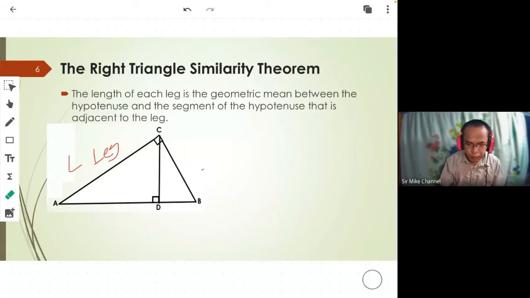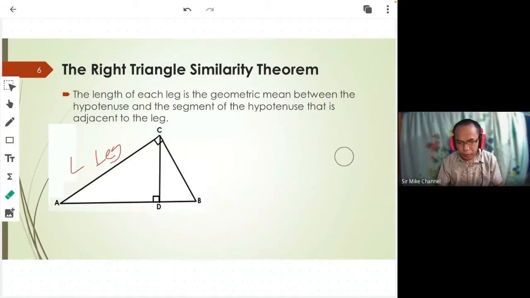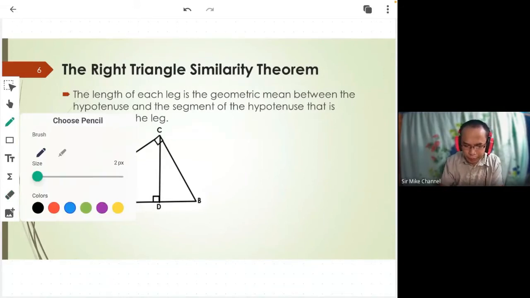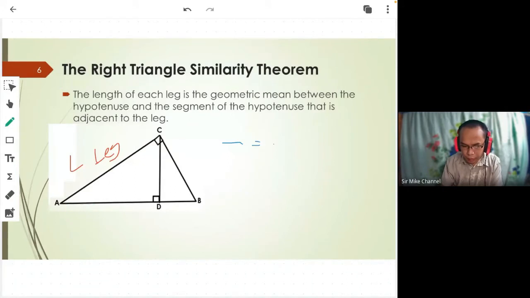Okay, so ano bang measurement ng, ang name ng longer leg natin? Ito yung line segment AC. And ito yung AC natin. Okay, tapos, geometric mean of the length of each leg, geometric mean between the hypotenuse.